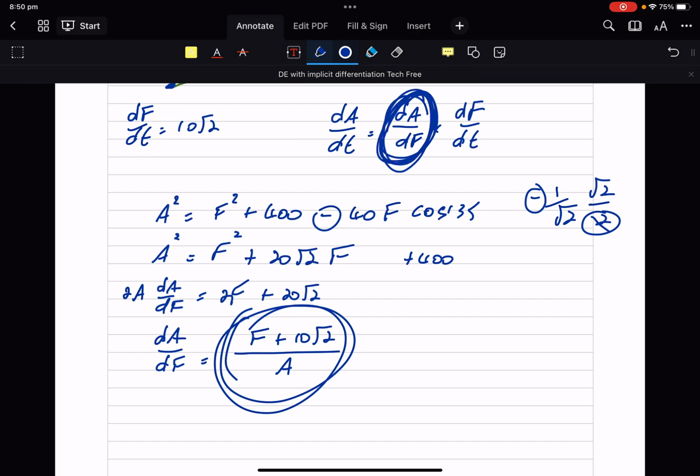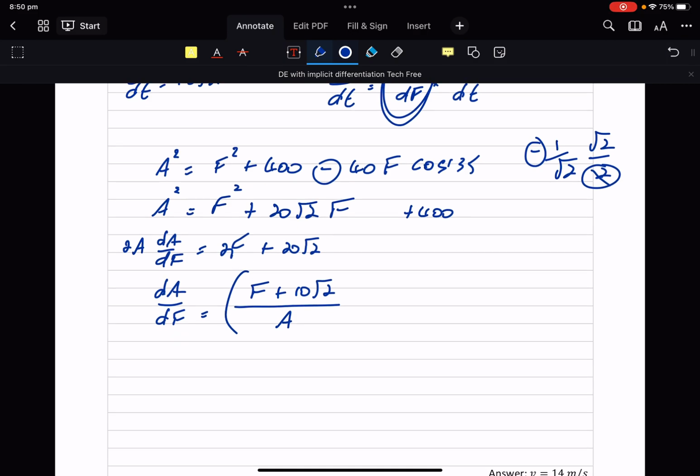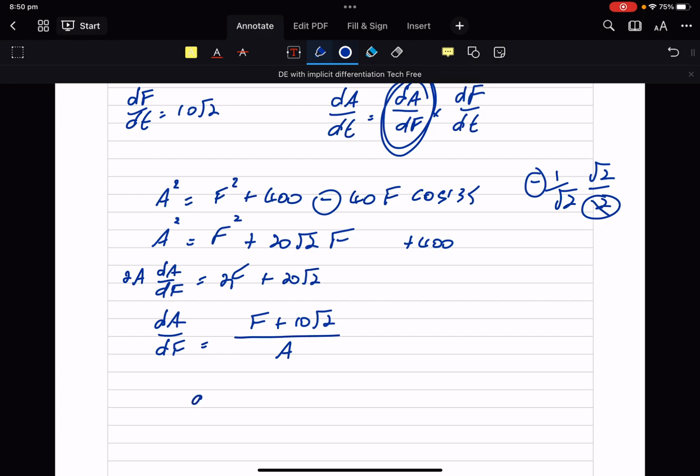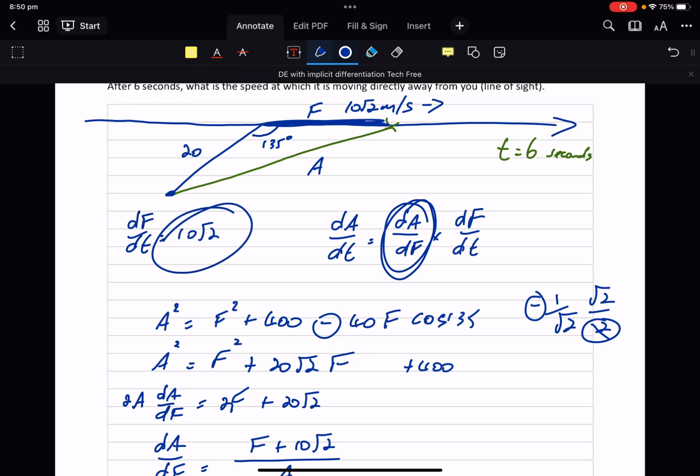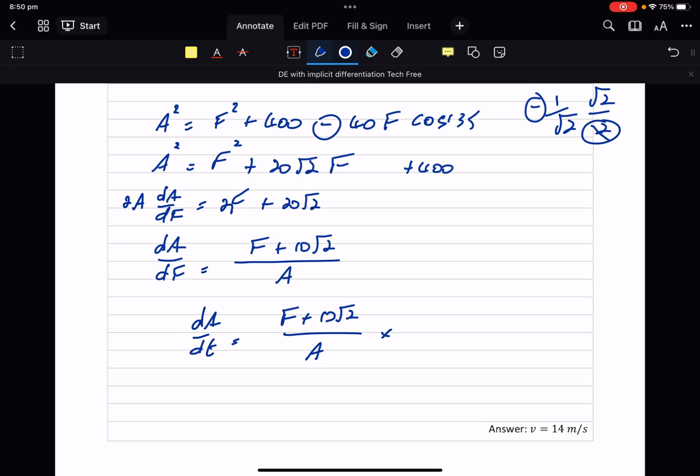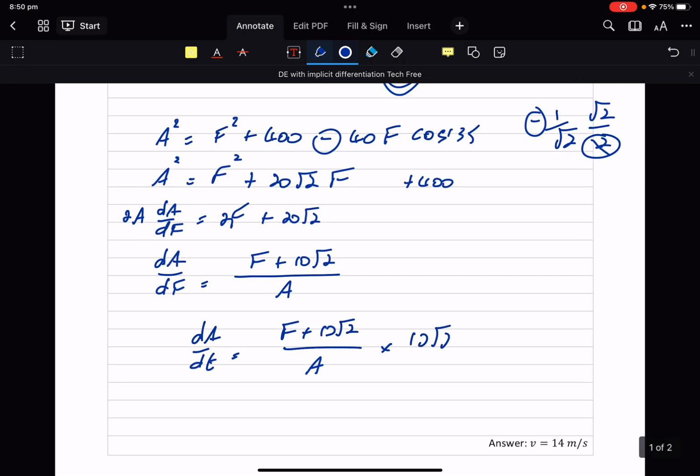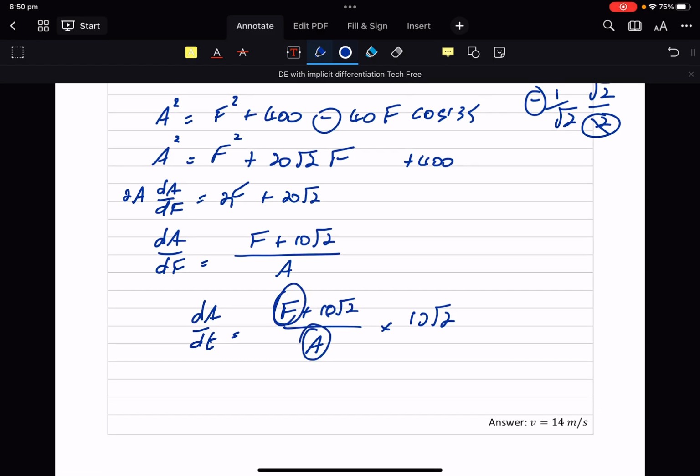So we now get our dA/dt is F plus 10 root 2 on A times dF/dt, which is this 10 root 2. That's how fast it's flying. Right, we're still yet to get to this 14, so I need an F and an A to go in that thing there.